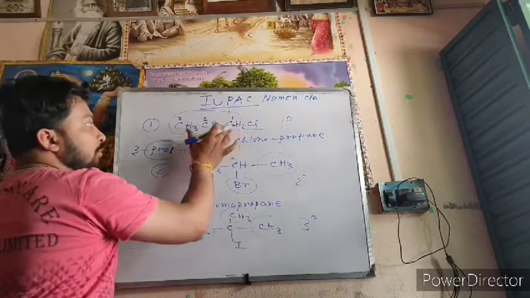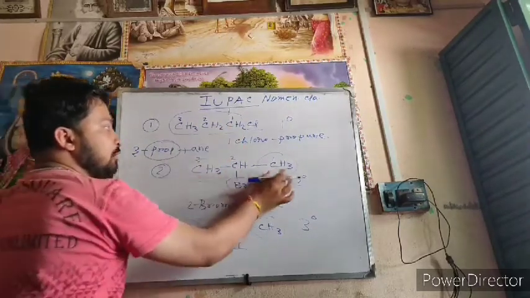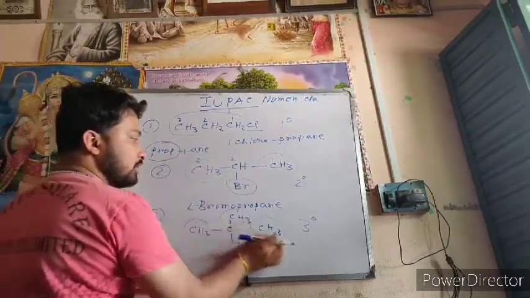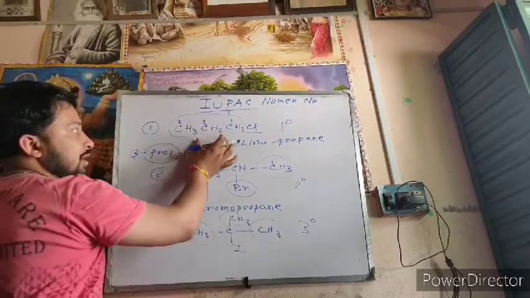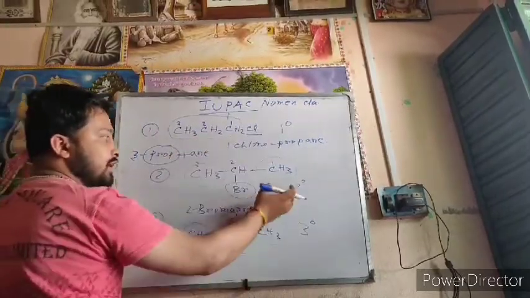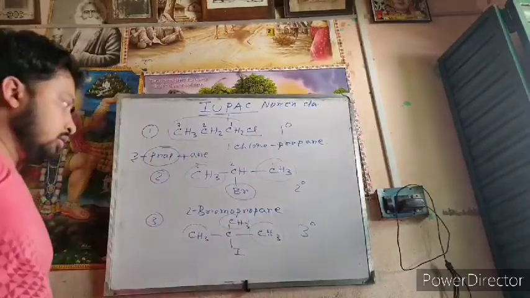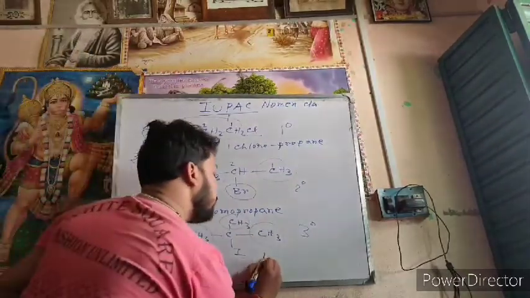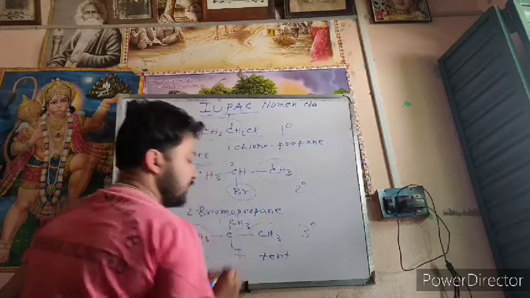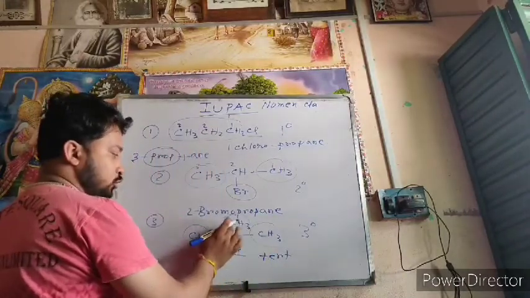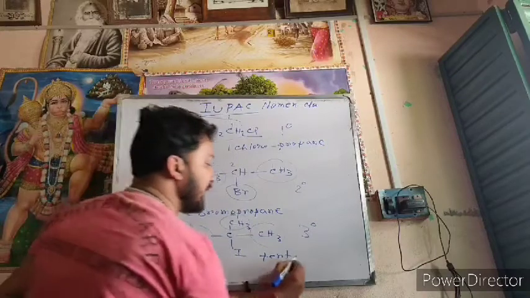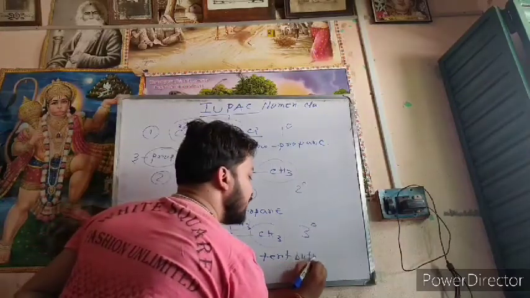The number of bulky groups is 1, 2, 3. We may call it tert. And 1, 2, 3, 4, 4 means butyl. So tert butyl iodine.